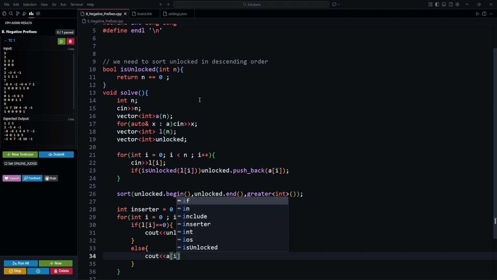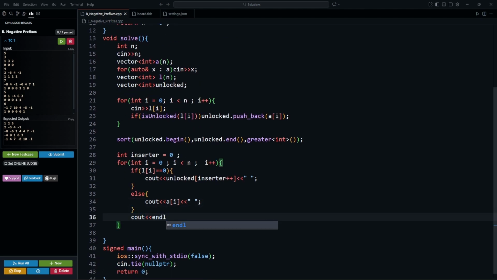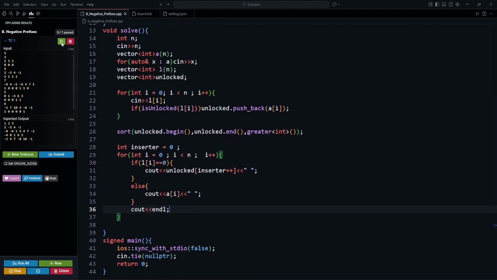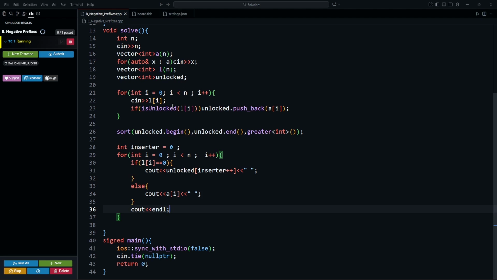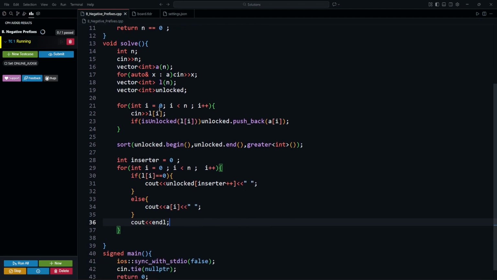Otherwise, you would cout a of i, here also space. And now let's do cout endl. That should be fine, isn't it? We just need to sort the unlocked in descending order. Why is it taking so much time to run?